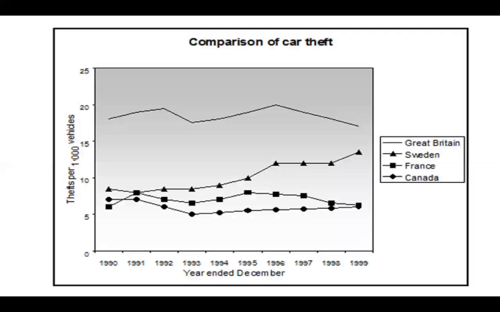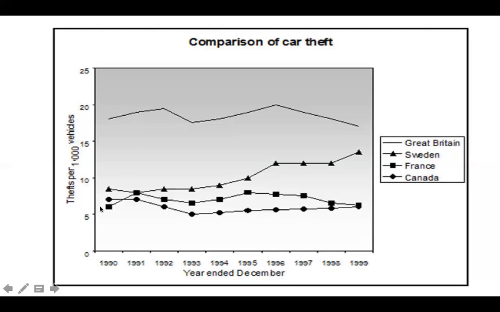Okay, so this is the line graph that we're going to analyze and look at the key features for. The first thing you need to do is read the title. You need to look at the x-axis, the y-axis, and the key.